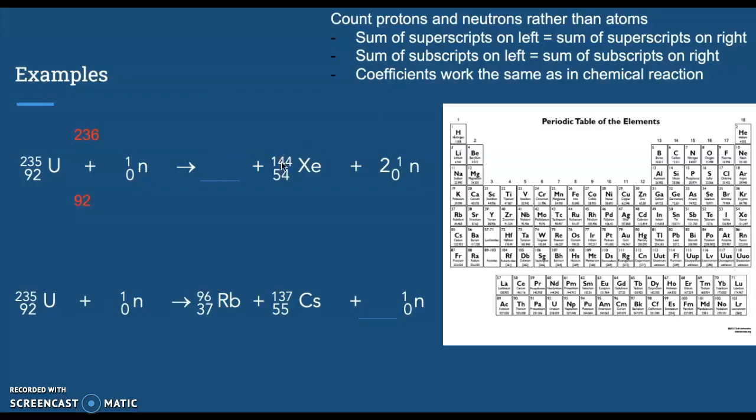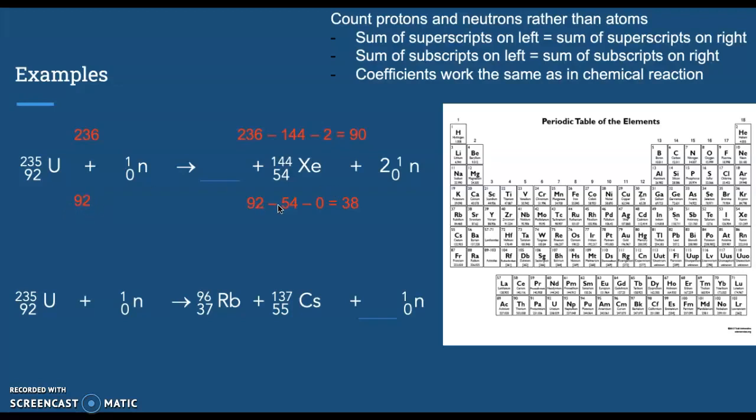In xenon, we have 144 here, and then because 2 times 1 is 2, to get what we want here, we do 236, which is from the left, minus 144 from the xenon, and then 2 from the given neutrons. Same process goes for the subscripts, where we have a subscript of 92 on the left.